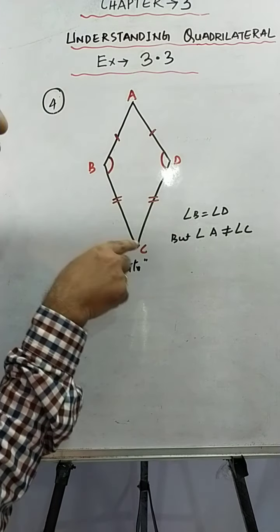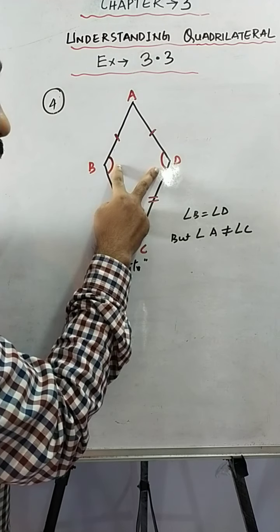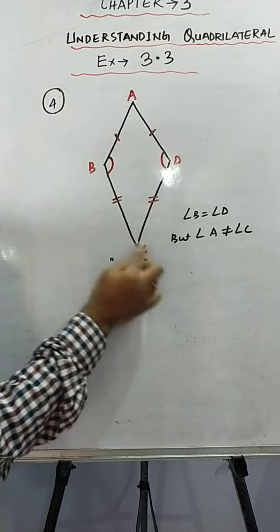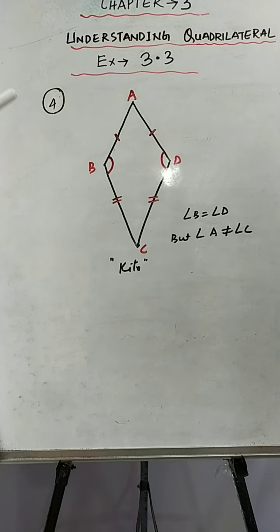But we are fulfilling the criteria given in the question, that at least one pair of opposite angles should be equal. So we have shown this, that is angle B is equal to angle D. So the required figure is what? Kite. Okay, so that's it for question number 4.